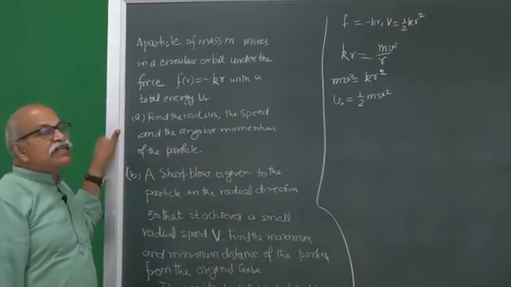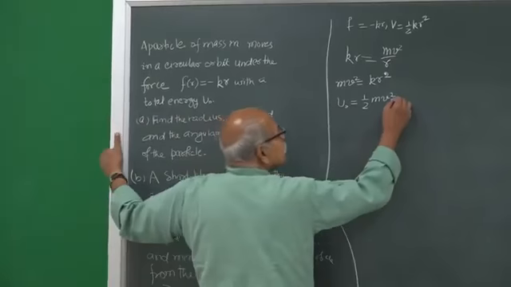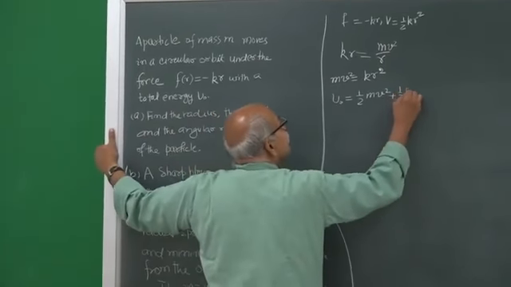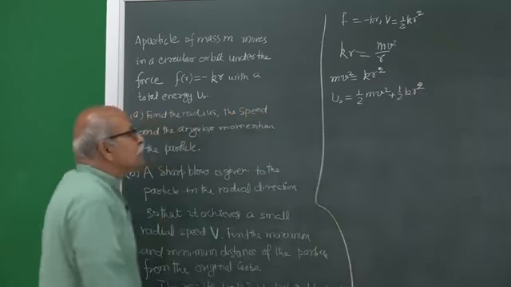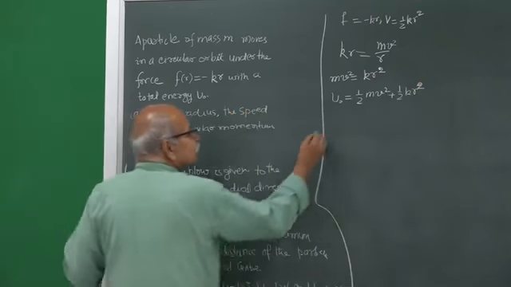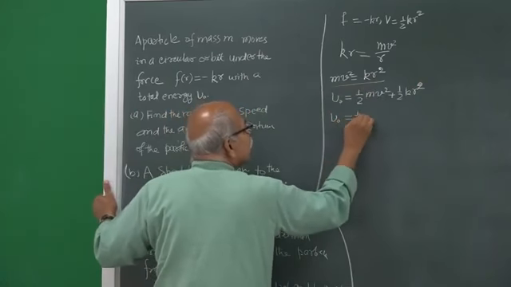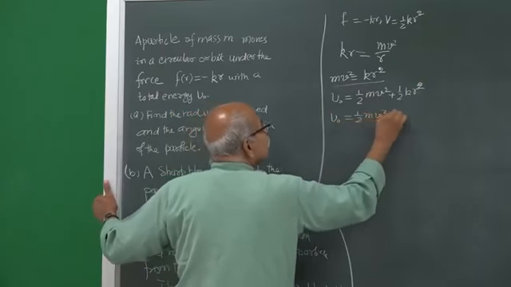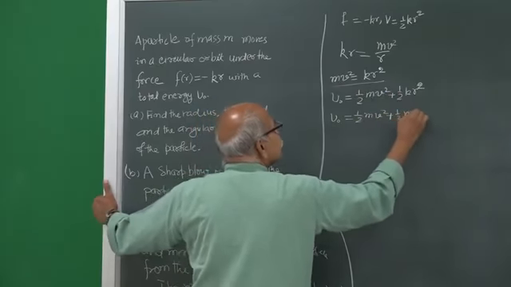If you differentiate it and put a minus sign, you will get the force. So, plus half Kr square. These are the two equations and you have two unknowns. To get m v square, you can use this: u naught is equal to half m v square plus half Kr square, which is again m v square.